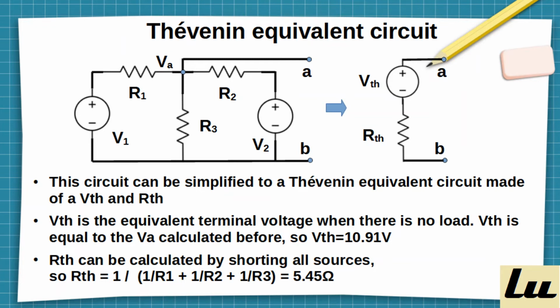RTH can be calculated by shorting all sources. So RTH is equal to the paralleling resistance of R1, R2, and R3, which is 5.45 ohms.